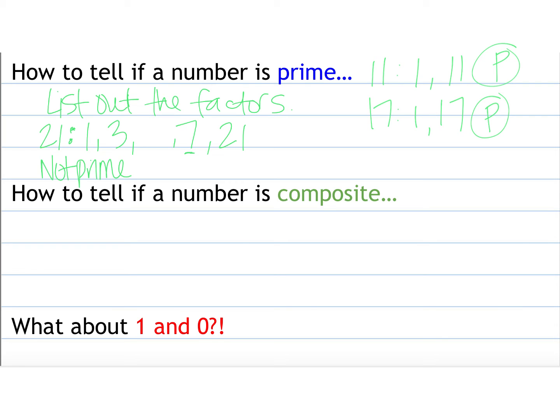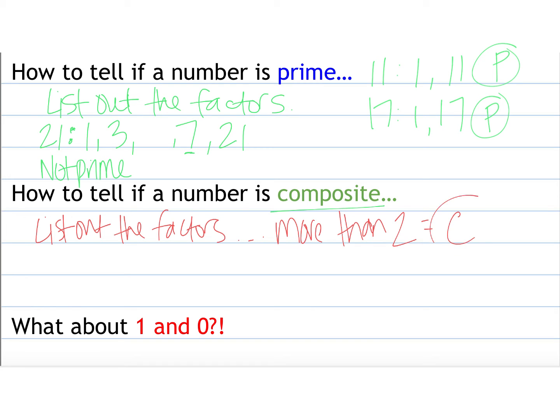How to tell if a number is composite? Well, we can list out the factors again, and if there's more than 2, then we know it's composite. So 21, we saw that there's more than 2 factors, so we know it's composite.